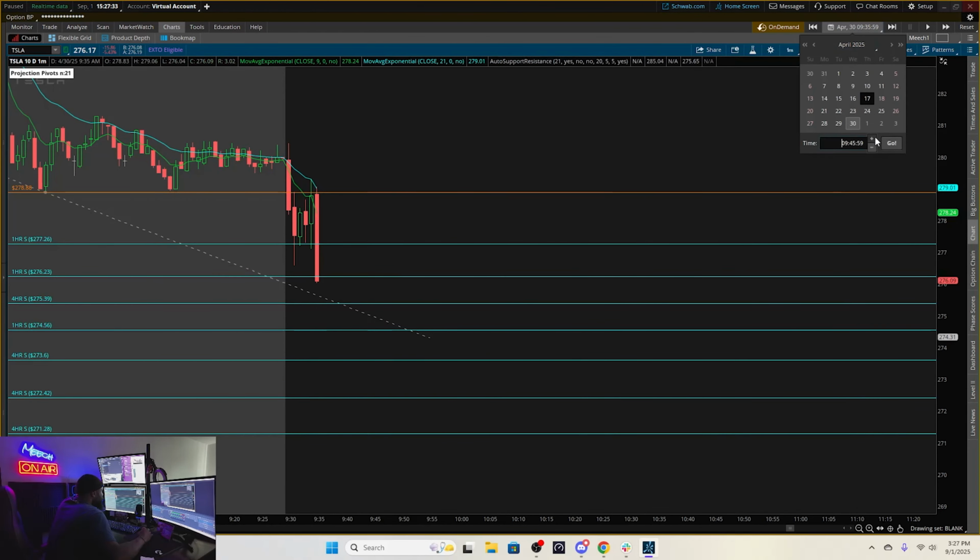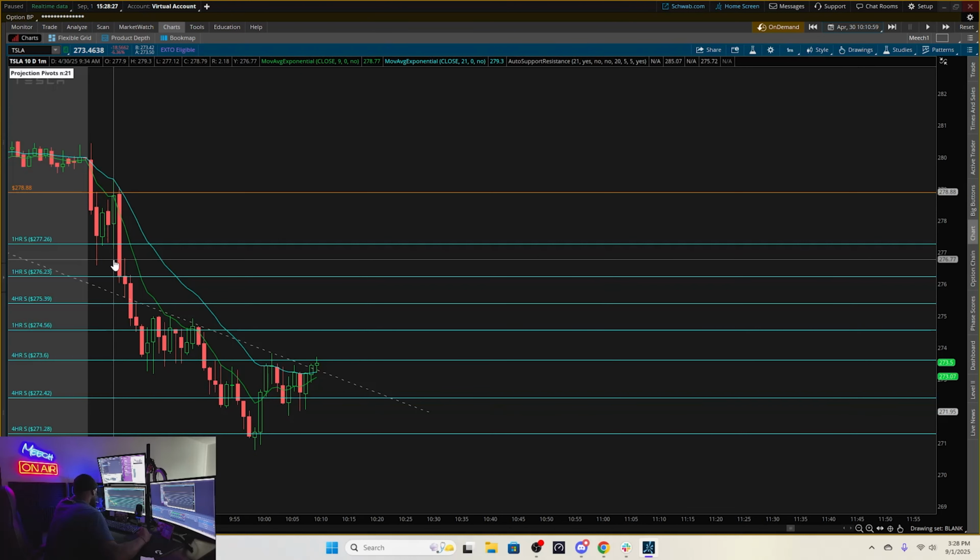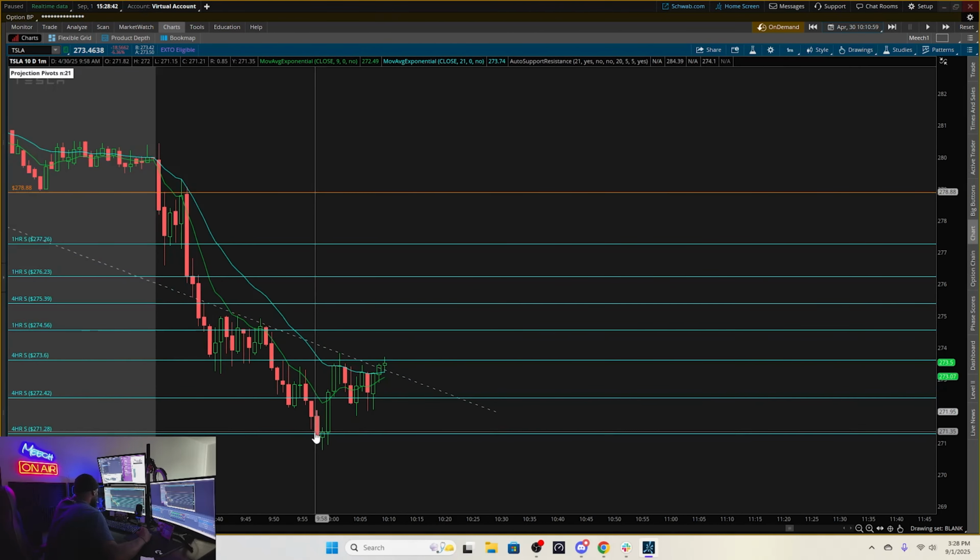Let's see what happens 10 more minutes from now. Boom, we recover. So the entries here literally went red for a split second, struggled at the 1 minute downtrend, and we came down to the next level of supports that I had set out on the larger time frames, and we just walked straight down.